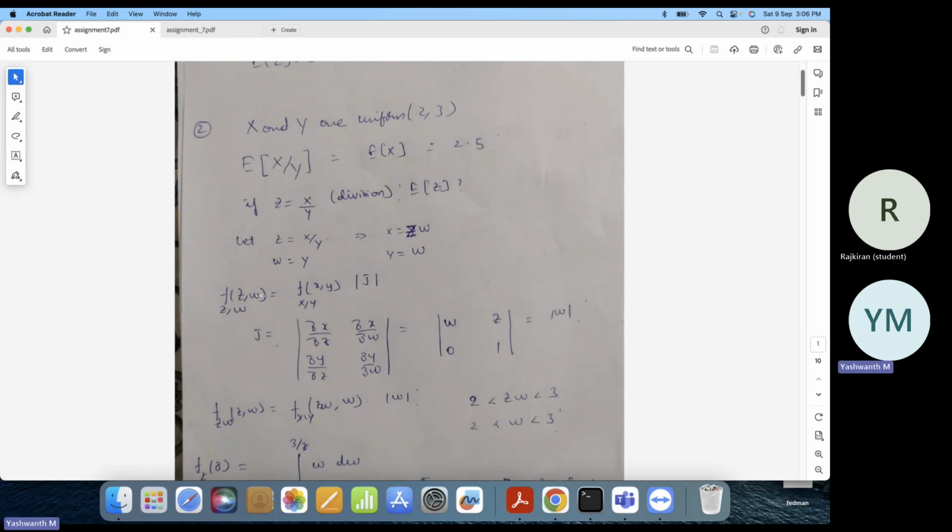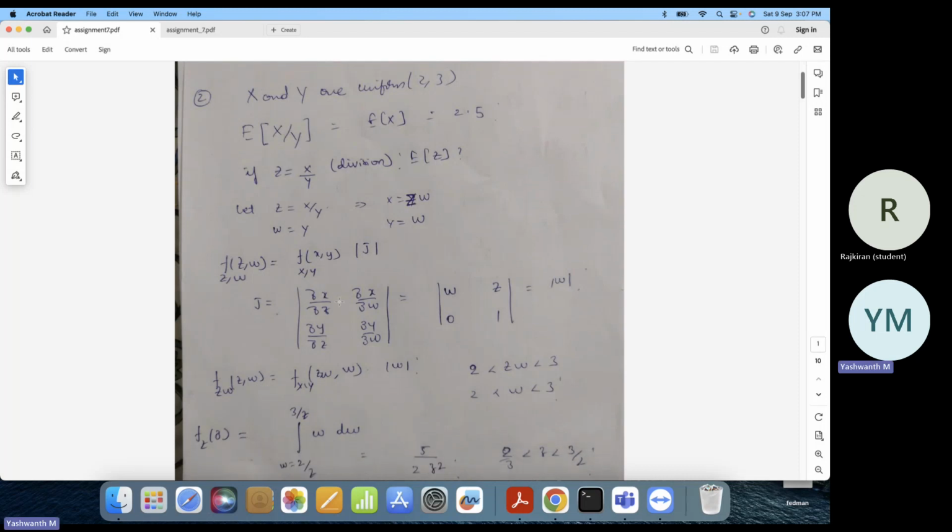So f of ZW is equal to your true input density times the Jacobian evaluated at these values of X and Y. Here X is ZW, Y is W. We can view this as the solution of X, Y in terms of Z and W. You will be able to use this only when the transformation is invertible. Otherwise, this is not feasible.